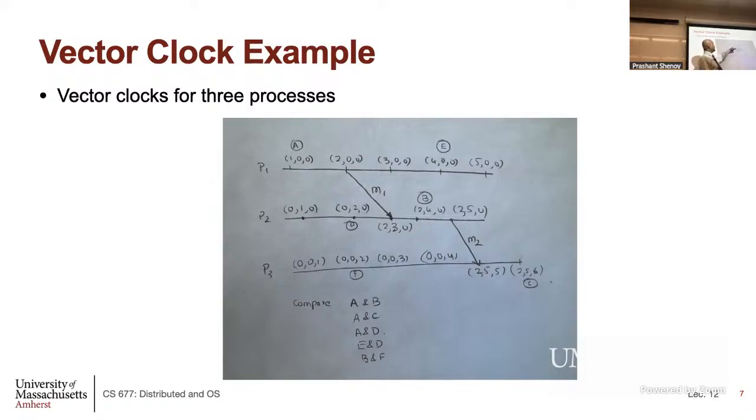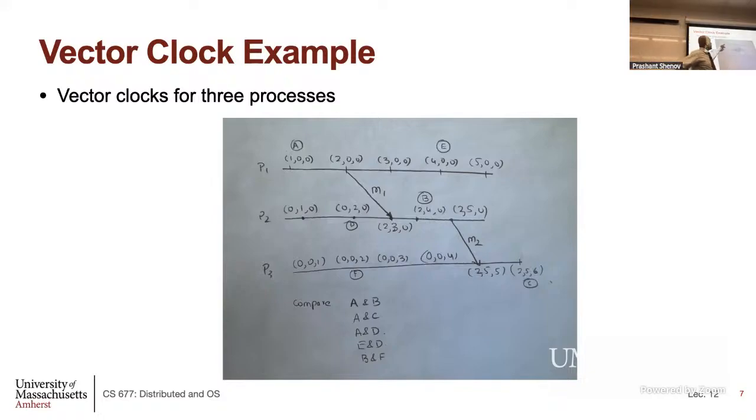Okay? Now, here is a message M1 that's gone from P1 to P2. It is going to include this vector as part of the message, so 2, 0, 0 is going to go here. Now, when the message is received here, you are going to take the max of the vector that came and the max of your vector, which is 0, 2, 0. So you'll take the pairwise max.